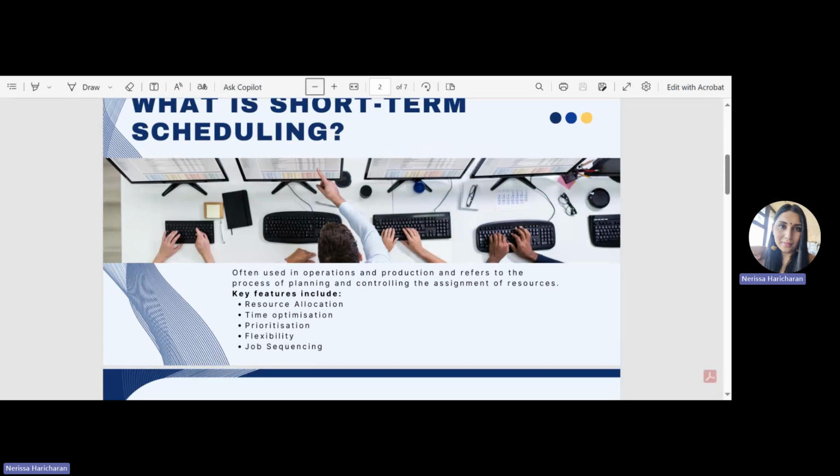Some of the features when we're talking about scheduling is how you're going to best allocate your resources. You need to allocate or assign the resources that are currently available, whether it is people, so your workers, or equipment or machinery, to a specific task or a specific job.